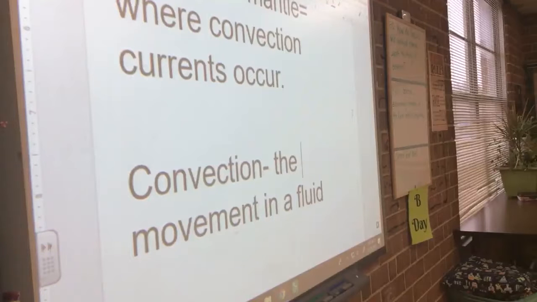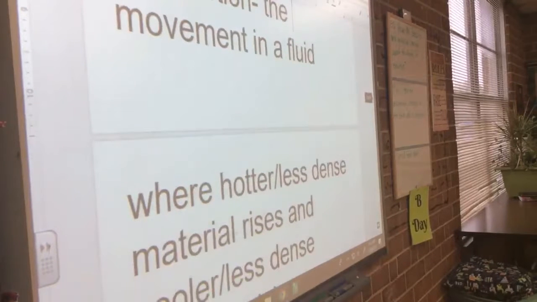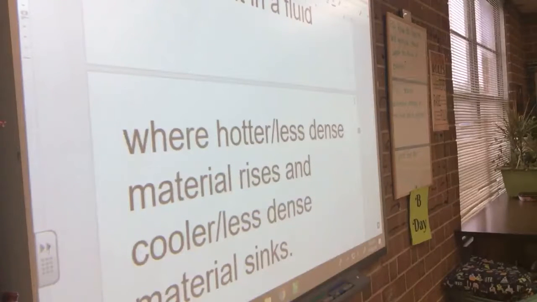As things heat up in a fluid, they become less dense. So you have fluid that gets hot, and as it gets hot, it gets less dense. And we know from our chemistry unit that the less dense something is, the more it rises.